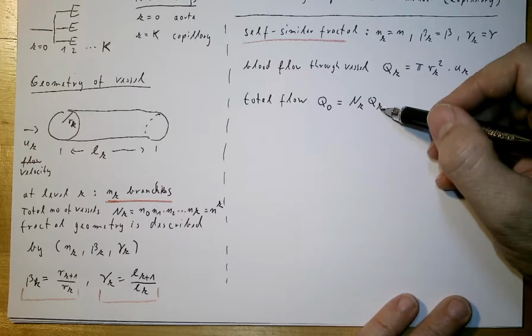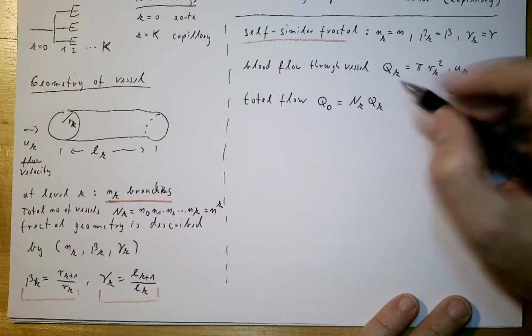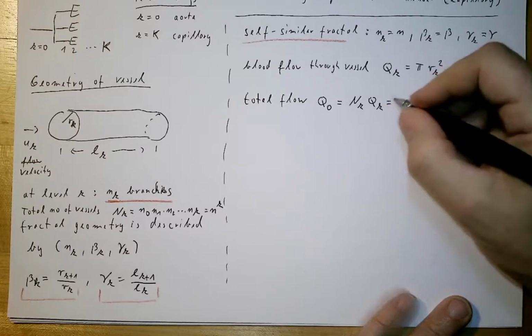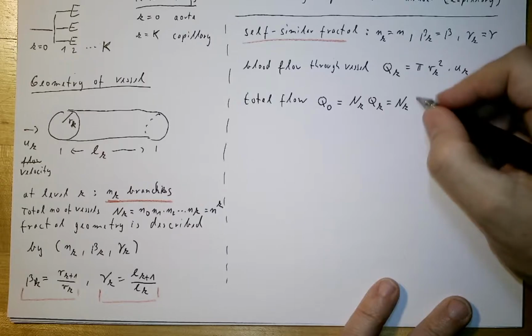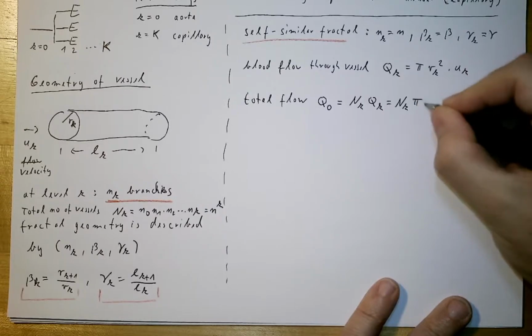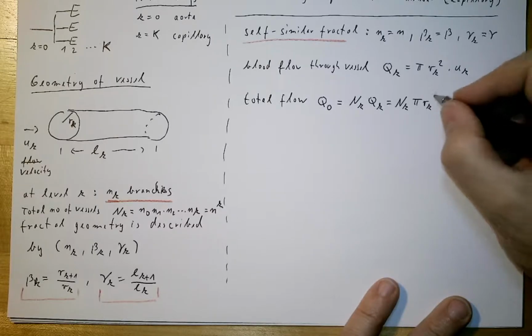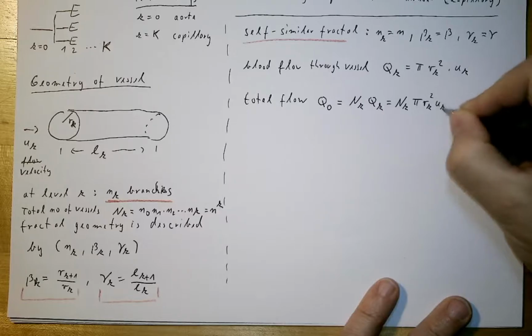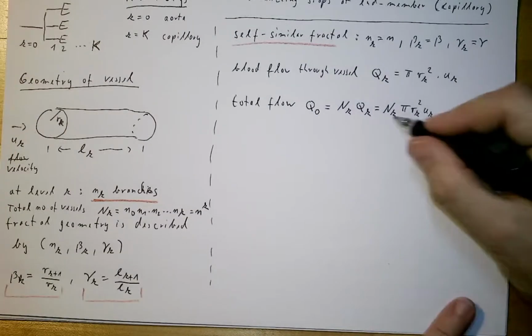Now we can plug this in here. So we have nk, and we have pi rk squared uk, and this should be the same.